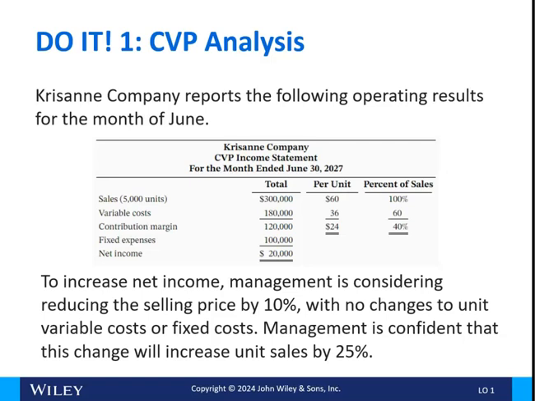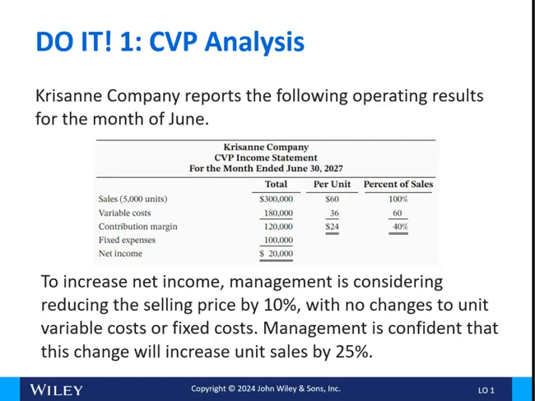Christine Company reports the following operating results for the month of June. So we have our CVP income statement. We had sales of 5,000 units, $300,000, $60 per unit. Variable costs, $180,000, $36 per unit, which gives us contribution margin of $120,000, $24 per unit. $100,000 of fixed expenses, so it gives us net income of $20,000.